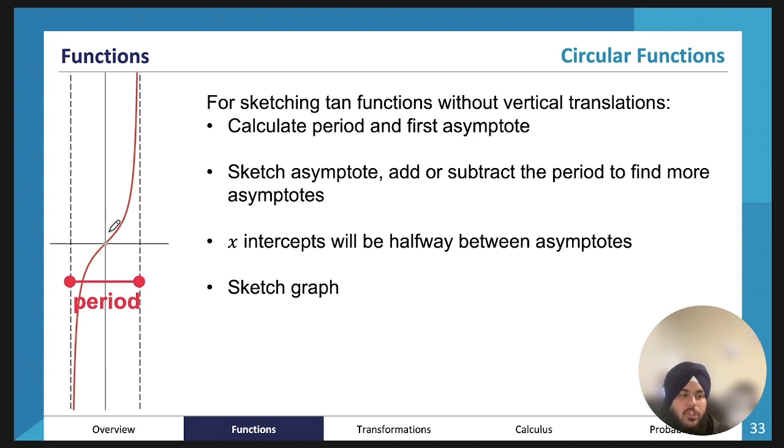So your turning points, wherever they may lie, have to be halfway between the asymptotes. And lastly, you need to sketch the graph. What's important here is the curvature, and also the fact that it approaches the asymptotes and doesn't intersect or touch them.